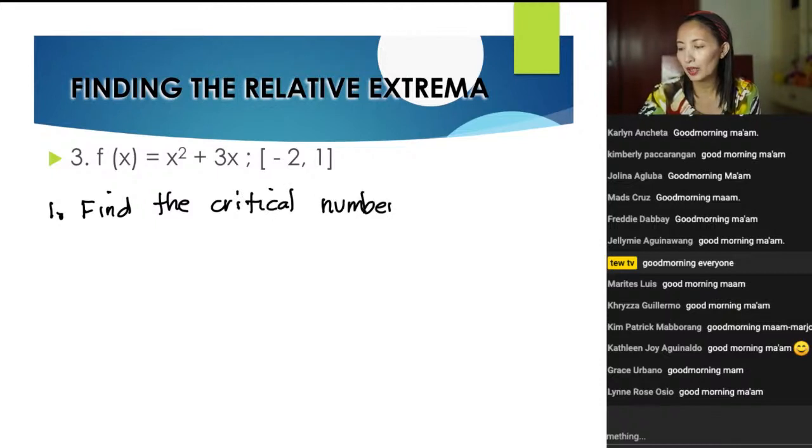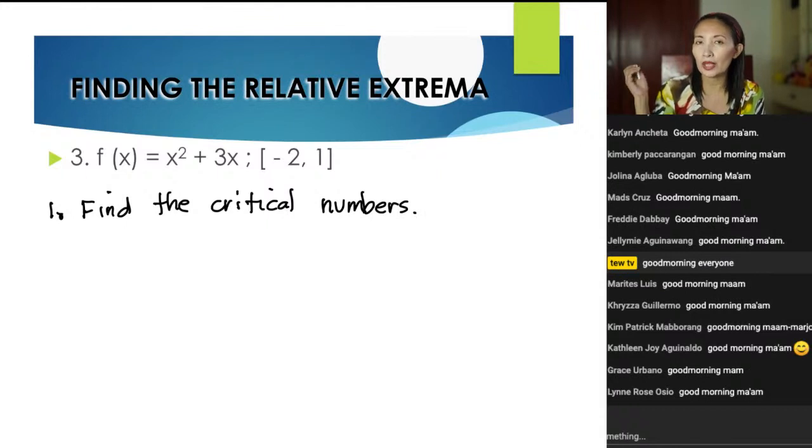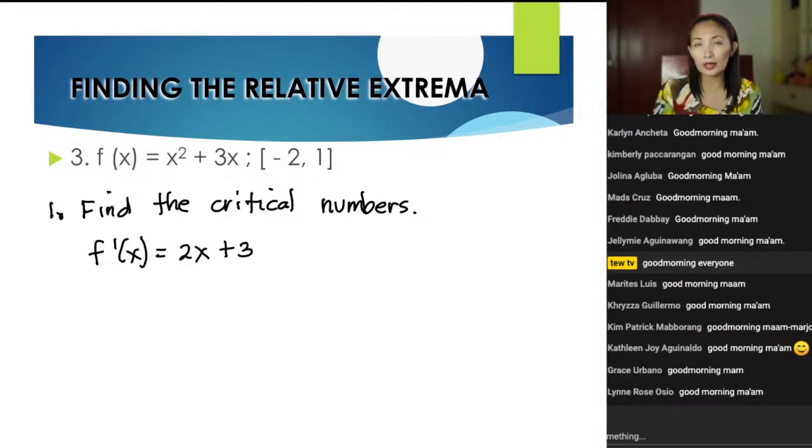Again, how do we obtain the critical numbers? We take the first derivative and equate it to 0, solve for x. So f prime of x equals 2x plus 3. Then from here, we can now identify our critical number.